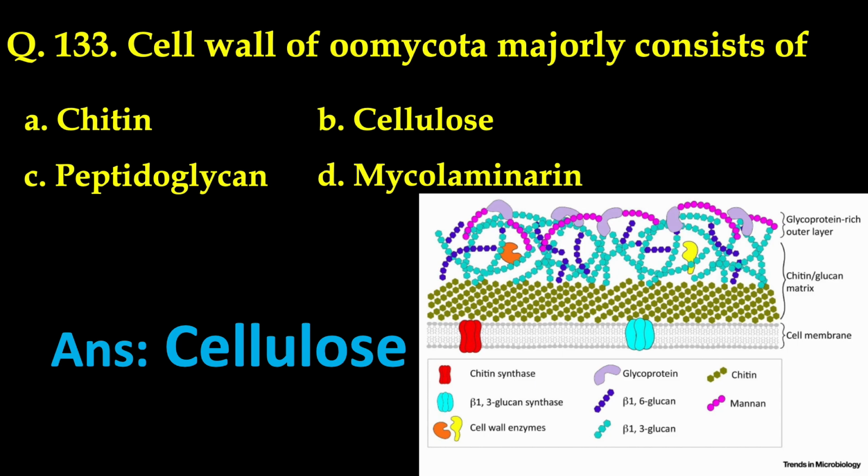It provides rigidity and structural support to the fungal cell, and the chitinous cell wall also protects the cell from desiccation. So the important thing of this question is that we have to remember that the cell wall of Oomycota majorly consists of only cellulose, but not others like chitin, peptidoglycan as well as mycolaminarin.